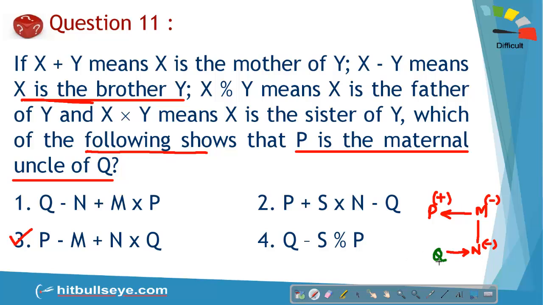N is the sister of Q, M is their mother, and P is the brother of that lady. Now can you say P becomes the maternal uncle of Q, right? So this third option which I marked earlier becomes your answer.